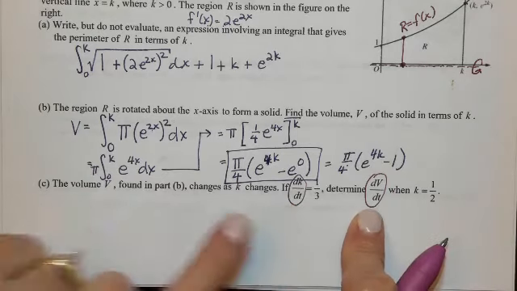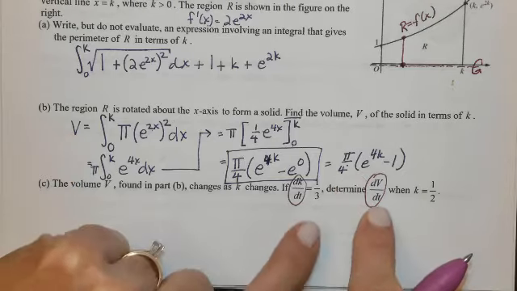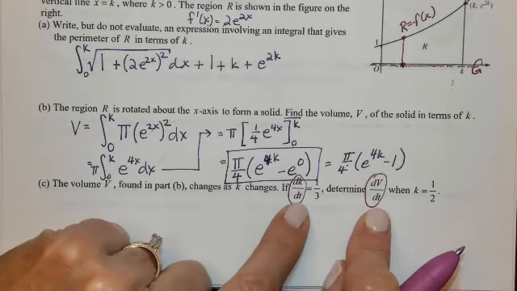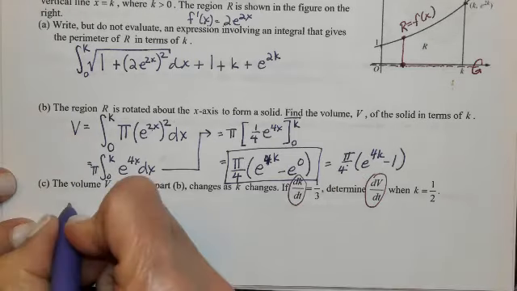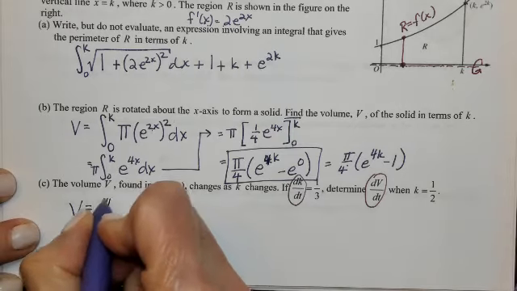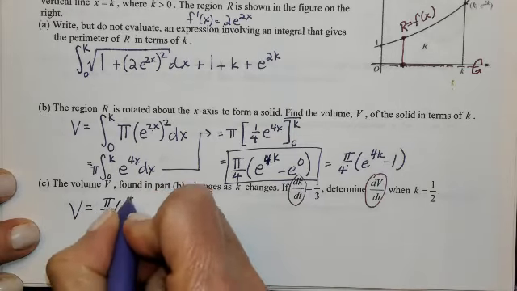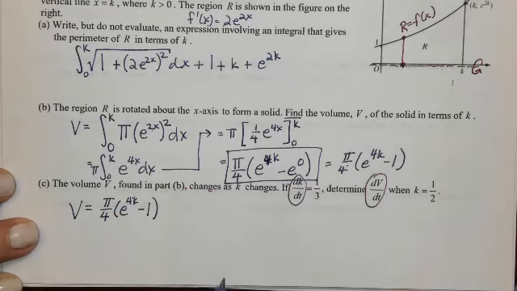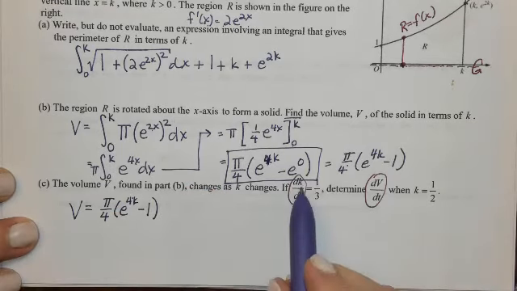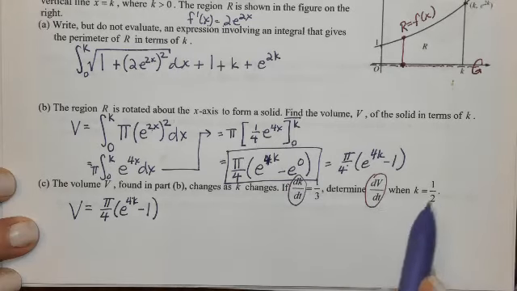I have this equation for V that I found in the previous problem, and now I need to do a related rates problem using that equation. So let's write down our equation for V again. There's my equation for V. And I know dk/dt is 1/3, and so I need to find dV/dt when k is 1/2.